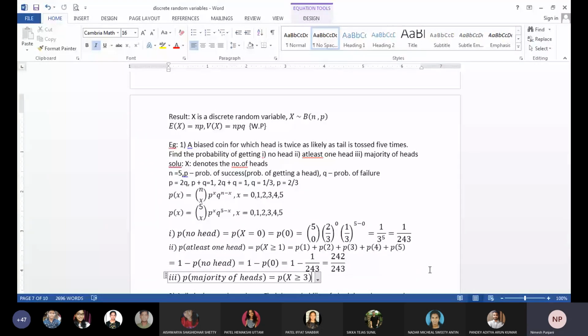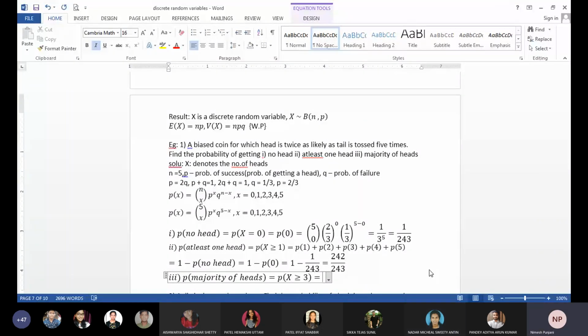When x is 5, so 5 heads, how many tails? 0. So majority of heads means x is greater than or equal to 3. Okay? I hope it's fine now.